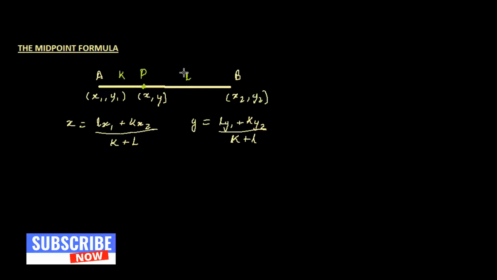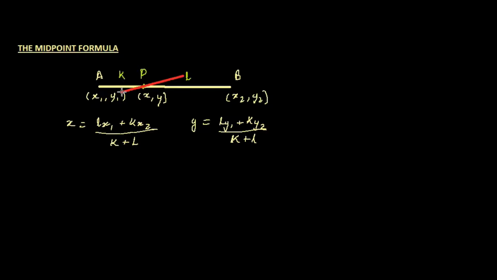So always remember that the ratio is cross multiplied. L is being multiplied by x1 and K is being multiplied by x2. And also when finding the y coordinate of the point P, we are multiplying L by the coordinate y1 and K by the coordinate y2. So always make sure that you are cross multiplying. So this is the section formula.